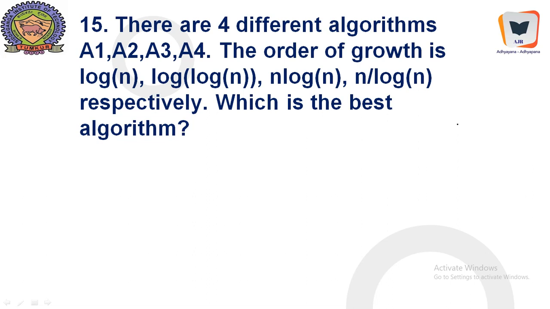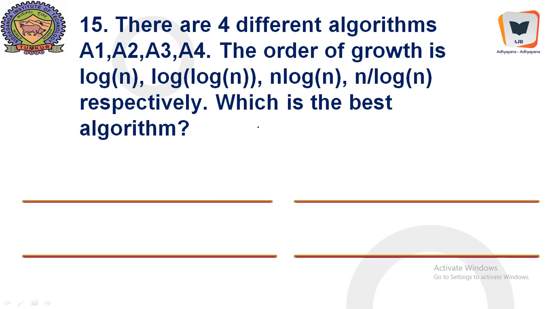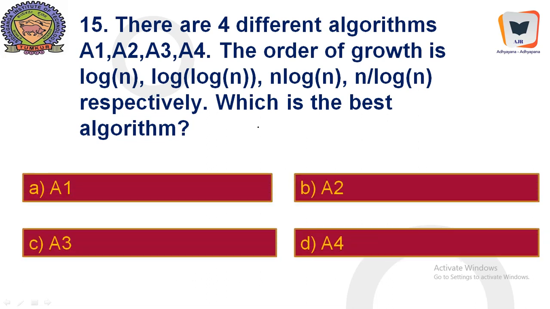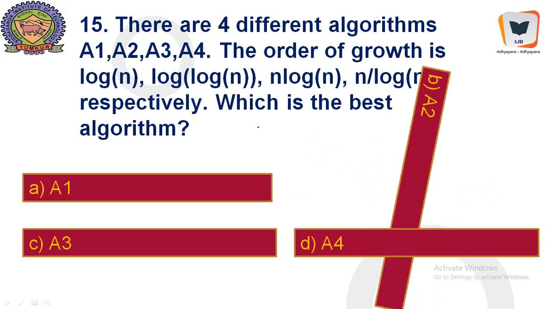There is an algorithm where comparison is involved, and as far as this algorithm is concerned, it takes 10 into log 10, that is 10 into 3.3, 33.3 comparisons it will take, and this will be 10 divided by 3.3. Therefore, log of log n is the algorithm which will boast of a very least time of execution. Therefore, A2 should be the algorithm which should be preferred.